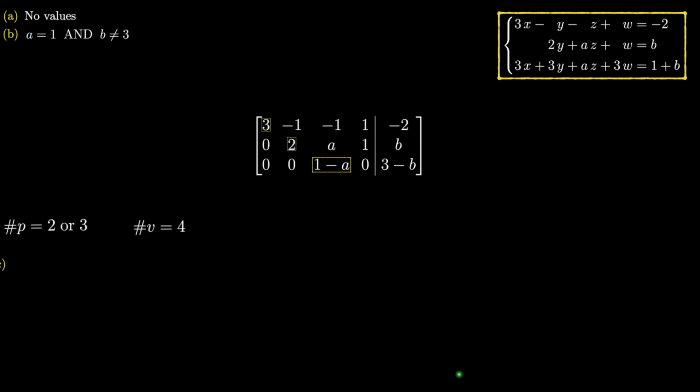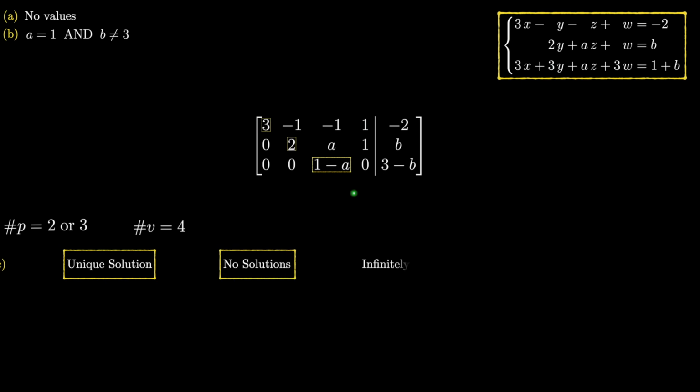Okay, now let us go to the next part, which is the last part. So what I want to do now is fine-tune A and B, if possible, to have infinitely many solutions for my system. Okay, let me review. We know that every system has either a unique solution, or no solutions at all, or infinitely many solutions.